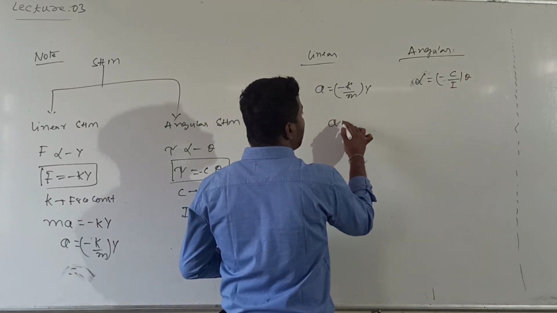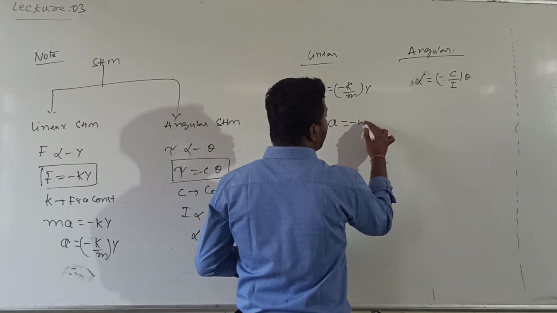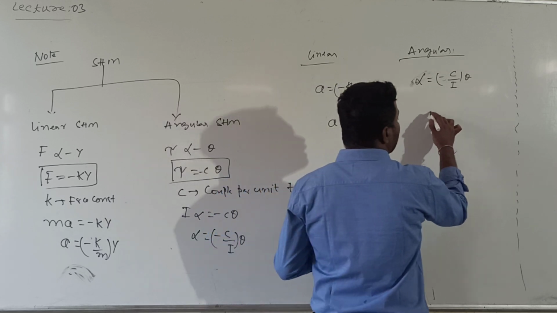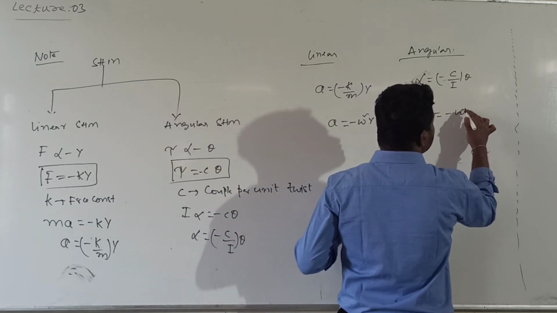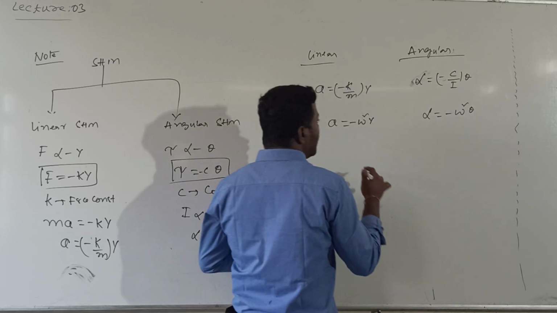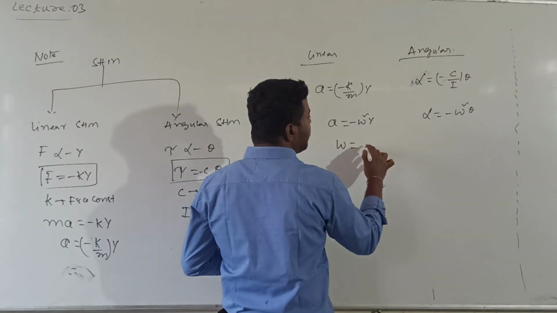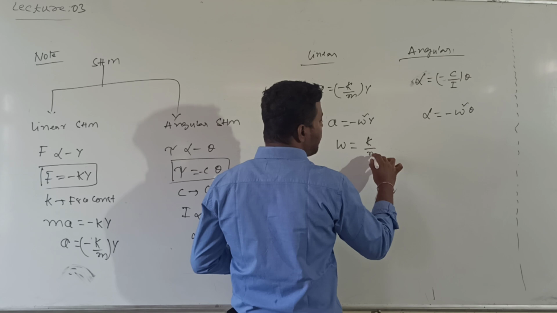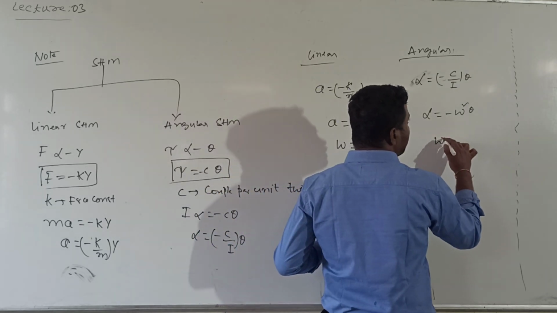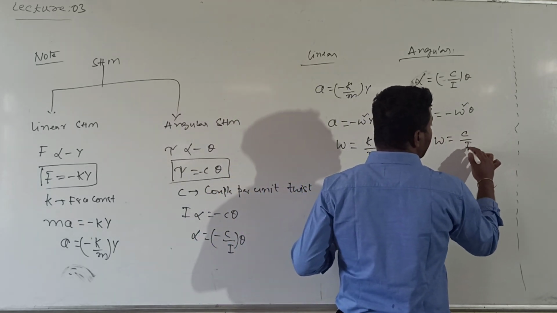Here a can be written as minus omega square into y, whereas here alpha can be written as minus omega square into theta. What is the value of omega here? Omega square is equal to k by m, and here omega square will be equal to c divided by I.